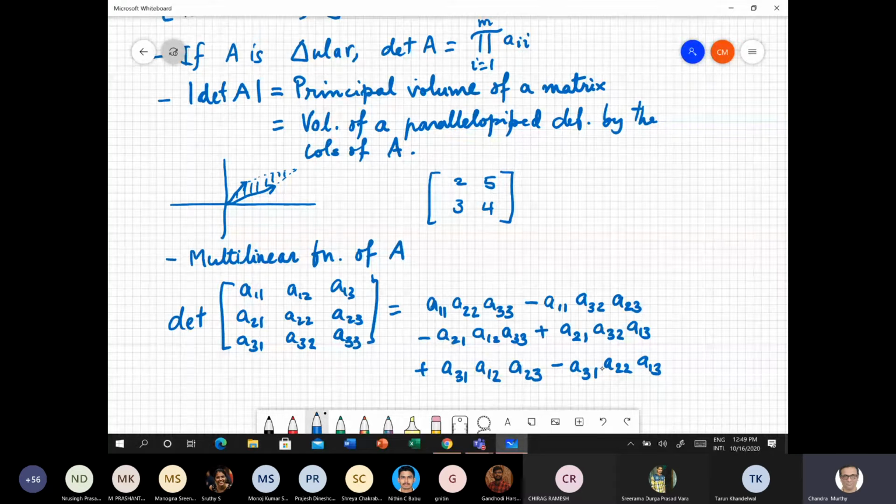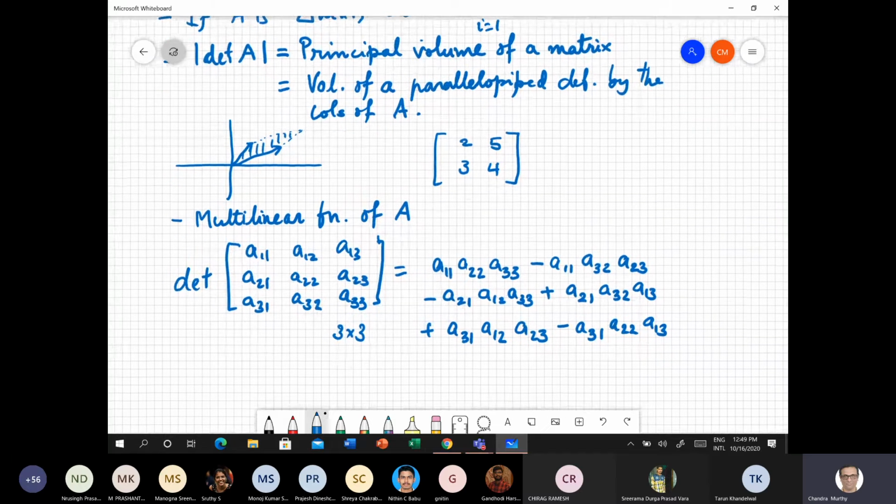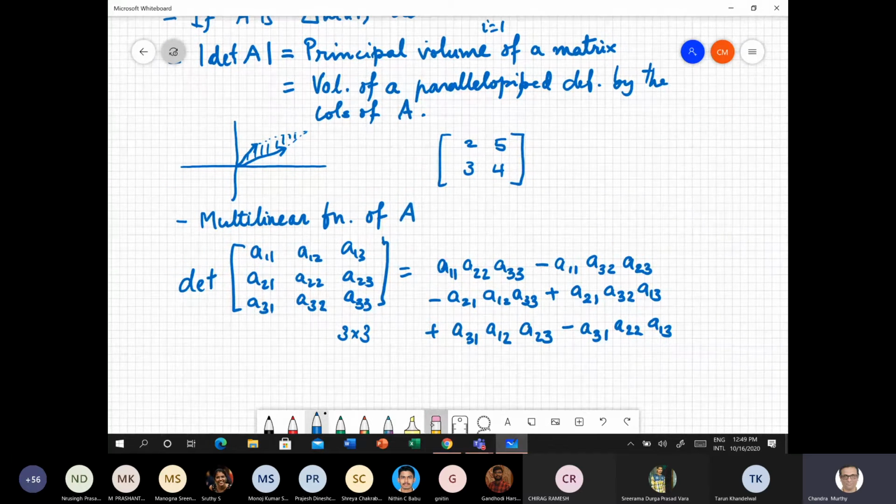If I take A33, it appears here and here, also in exactly two terms, and so on. And each term contains three entries from this, which is the size of the matrix. This is 3 cross 3. So each term that appears here contains exactly three entries, and there are a total of 6 terms, and each entry appears linearly in it. So it's a multilinear function of the entries of A.